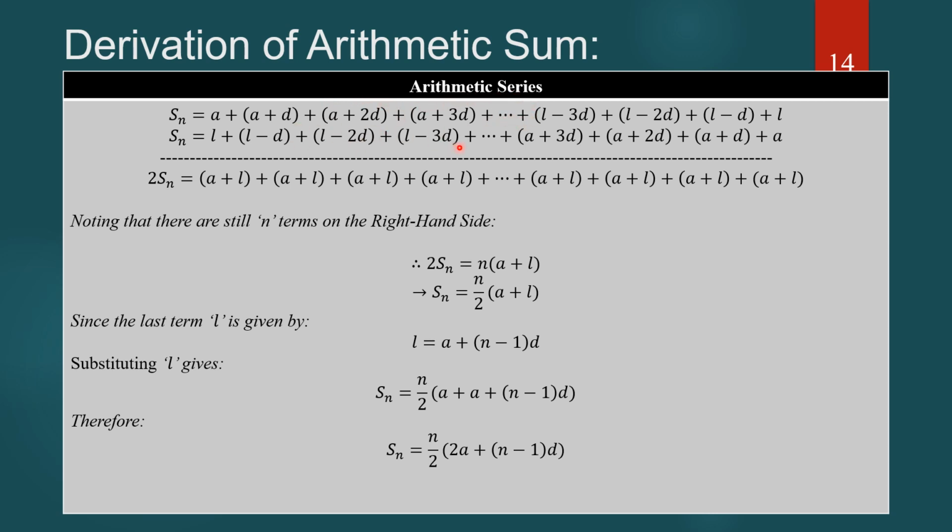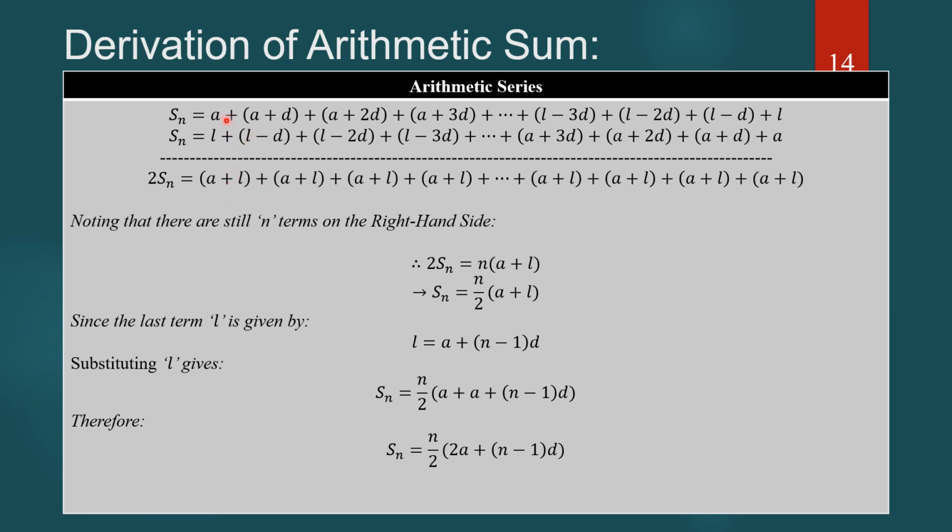The trick here is that you create the second expression by rearranging your sequence, meaning you take your last term and write it first, you write your sequence in reverse basically, then you add the two statements as shown.